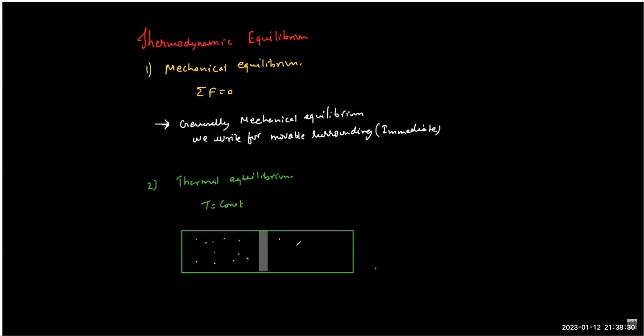This is called the closed system, and in a closed system, we cannot transfer the mass, right? The mass will be constant. And a constant mass means what? What will be conserved here? The number of moles will be conserved in both the compartments, right?